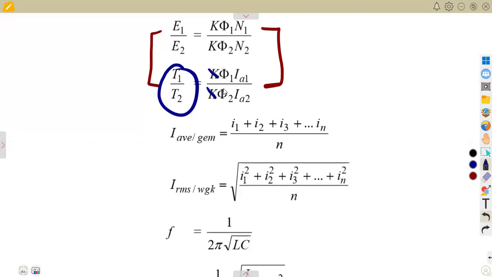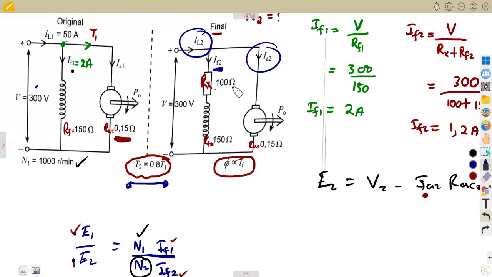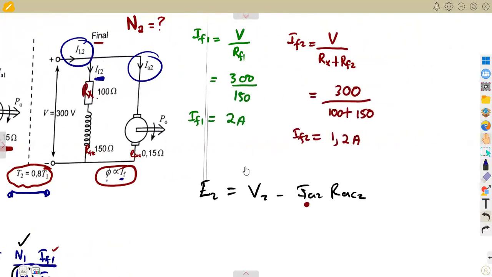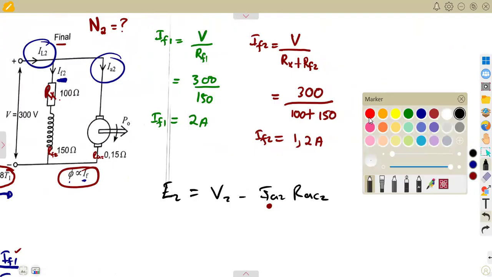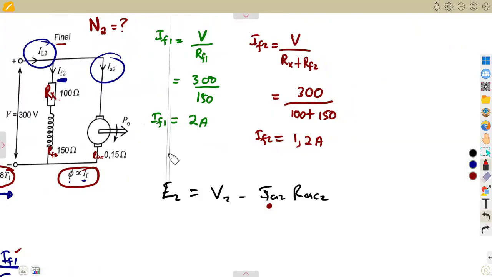And remember that the flux here will be replaced with the field current, because we said the flux is proportional to the field current. So that is going to help us to calculate the armature current, because we are limited from the previous formula. You might wonder, why is it that I'm using this formula, but next time it's impossible? It's because you do not have some of the values among what you're given.